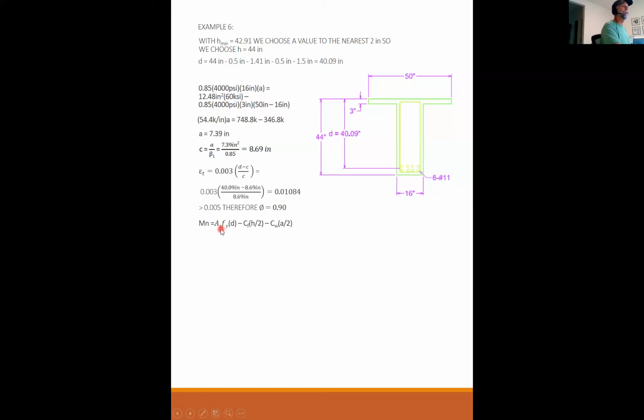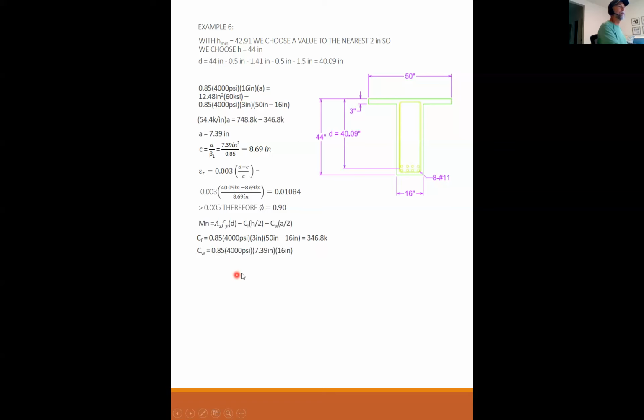So we're going to do our check, and I'm summing all my forces from the top of the beam. So the tension force, As Fy, times d, minus the force in the flange times h over 2, minus the force in the web times a over 2. And I resolve for my force in the flange, 346.8.